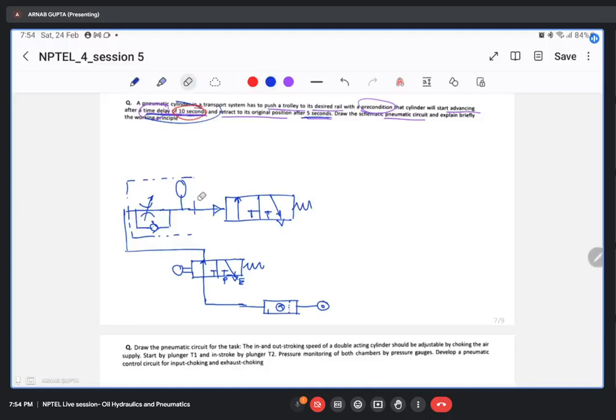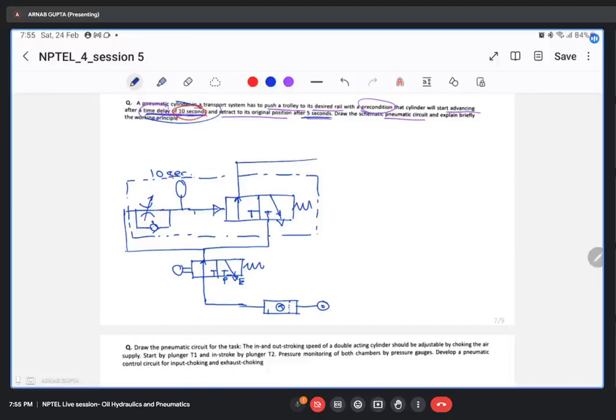The center is your time delay valve for 10 seconds. So after 10 seconds, like this particular configuration.